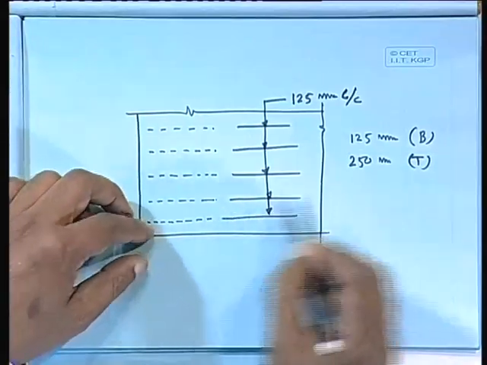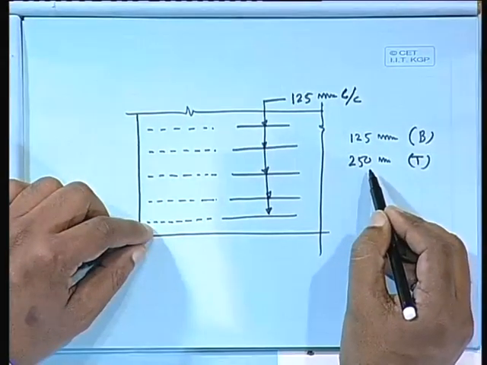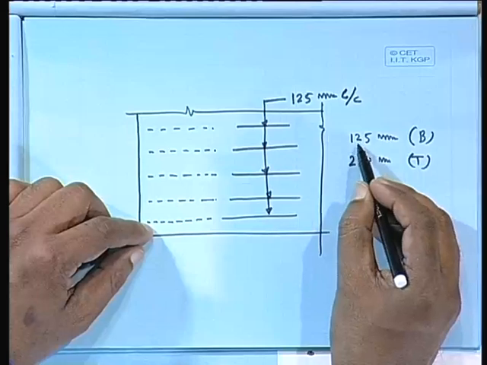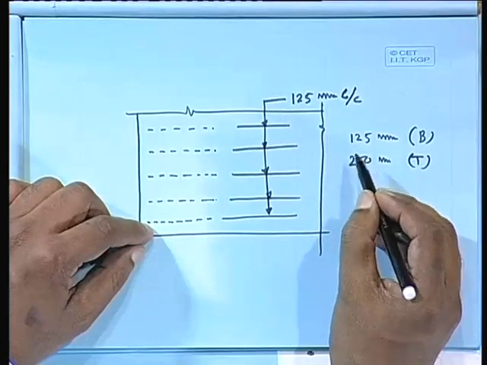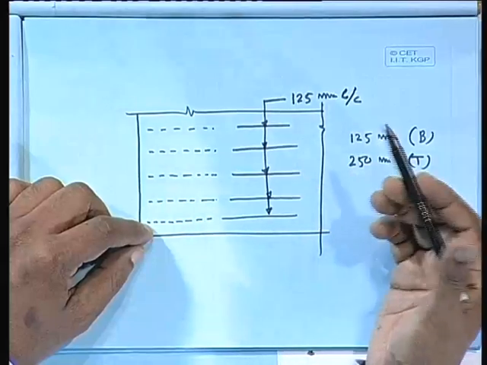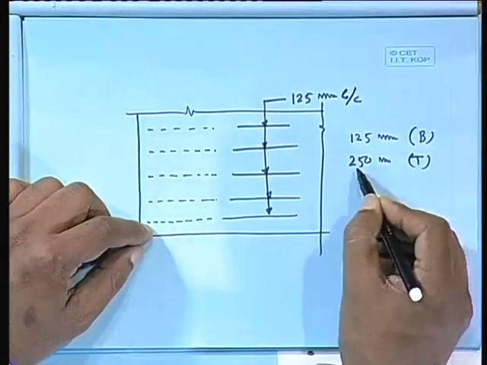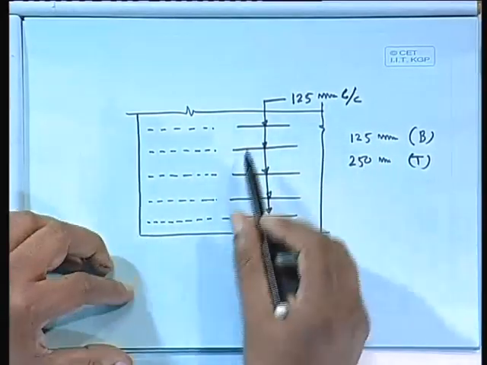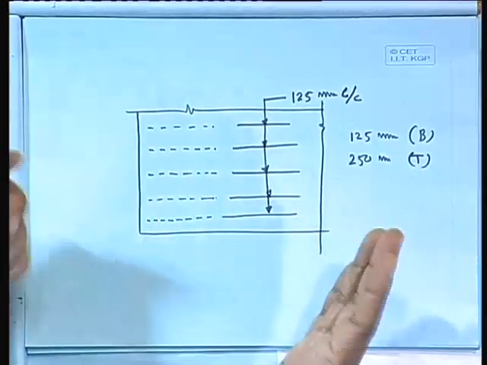So, then we can specify this one as 250. But if it is something like 130 or 140, the alternate one may not be 240 or 280; that we cannot provide, it has to be restricted to, say, 250 maybe. So, your top and bottom bars are all dependent.